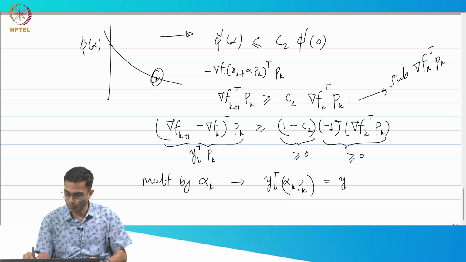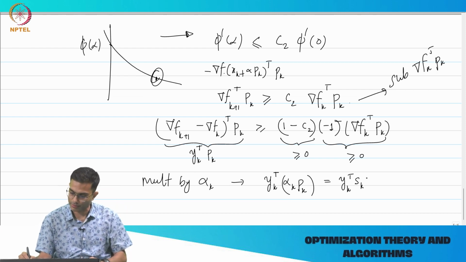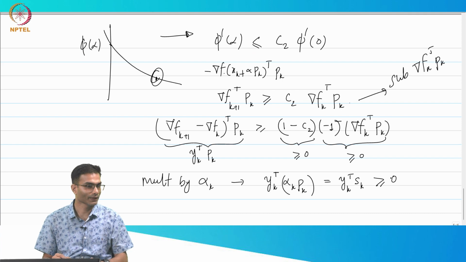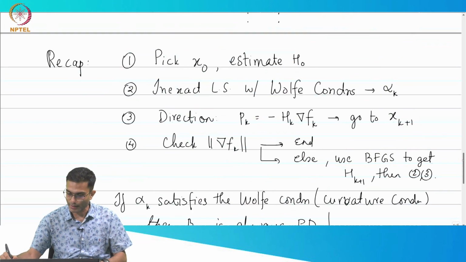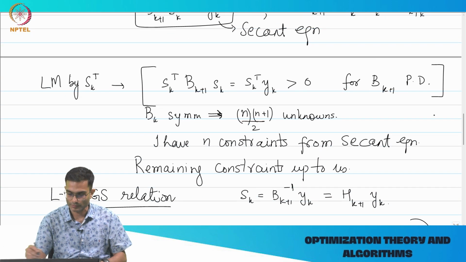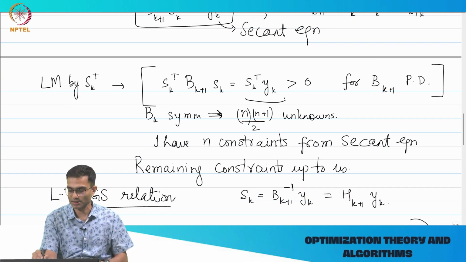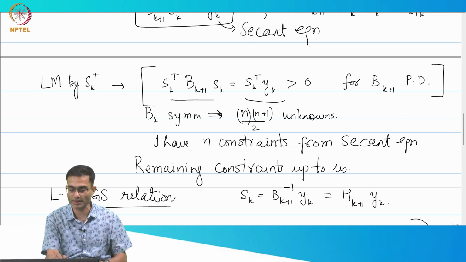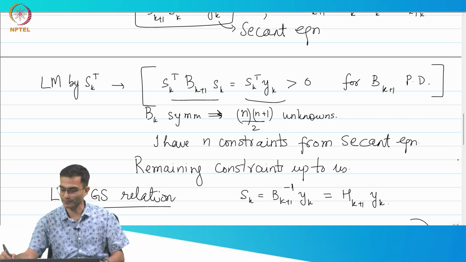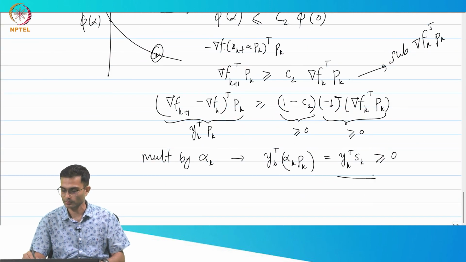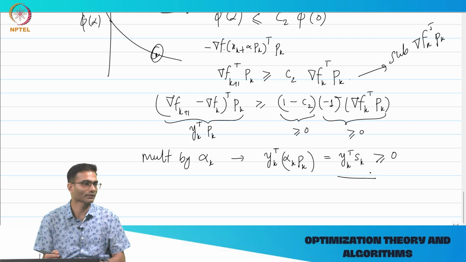So this is yk transpose sk, and we have seen that this is greater than or equal to 0. Now, if you look back at what we had said over here, sk transpose yk should be greater than 0, then this is going to be positive definite. Yk transpose sk, same thing, right?